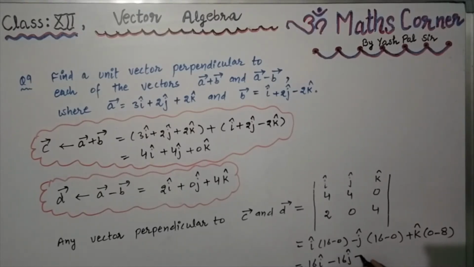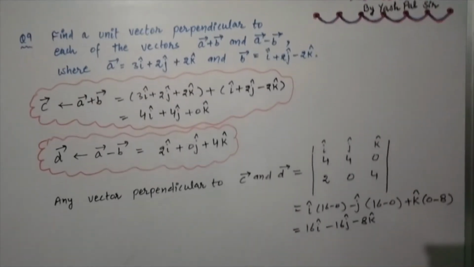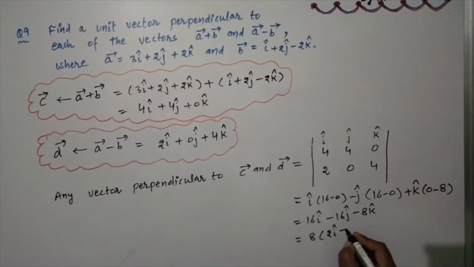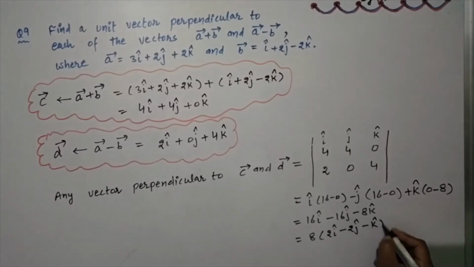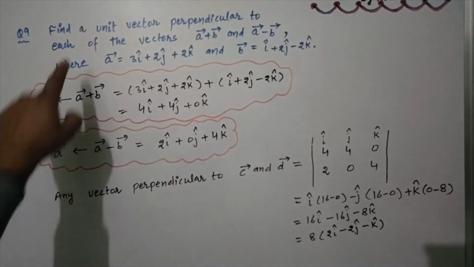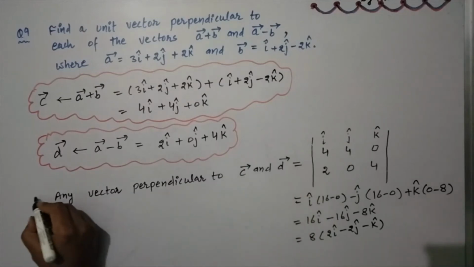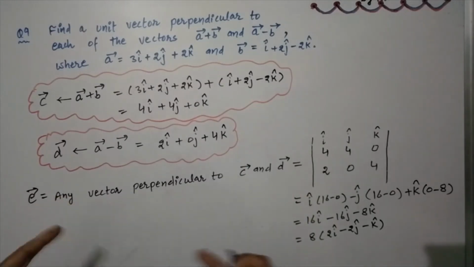So we have 16i minus 16j minus 8k. Again we can take 8 common, so we have 8 times 2i minus 2j minus 1k. But the question is to find the unit vector.